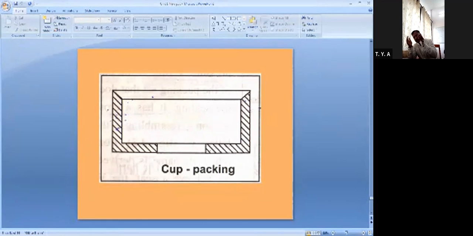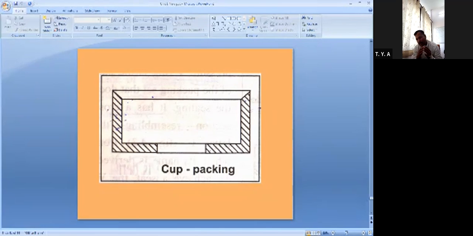These cup seals are used exclusively to seal pistons in both pneumatic and hydraulic applications. The pressure should be low, in both low pressure and high pressure hydraulic systems. In both cases, these cup shaped seals are used.